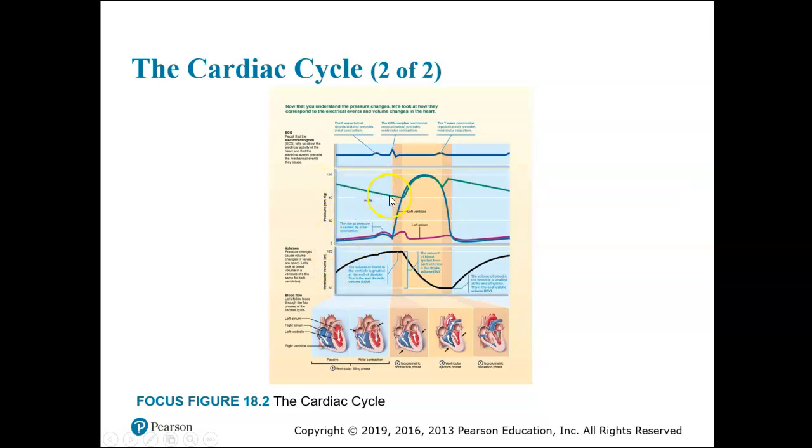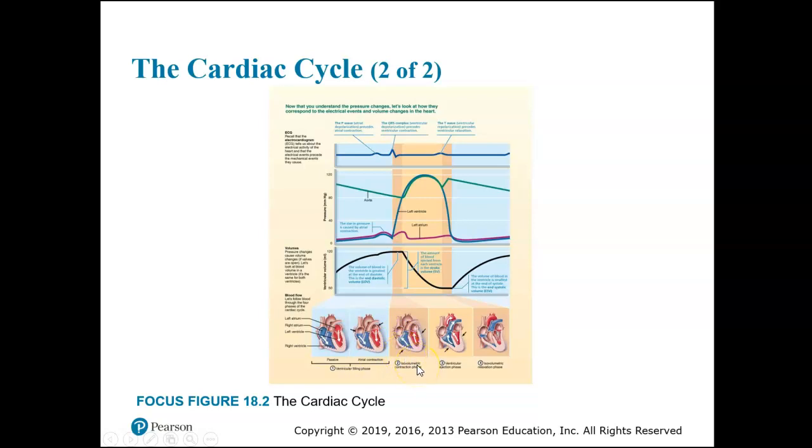And you can see the pressure in the aorta versus the left ventricle versus the left atrium, and all of that related to the volume of blood in the ventricle. So during the ventricular filling phase, you can see that the AV valves are open and the semilunar valves are closed. And then there's the isovolumetric contraction phase.